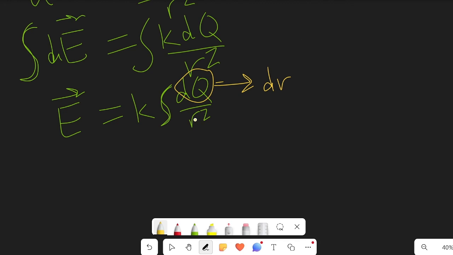So we can't just take the R out. But also, our variable that we're considering is not even R, it's Q. So in order to solve this, we have to somehow convert this into a dr.